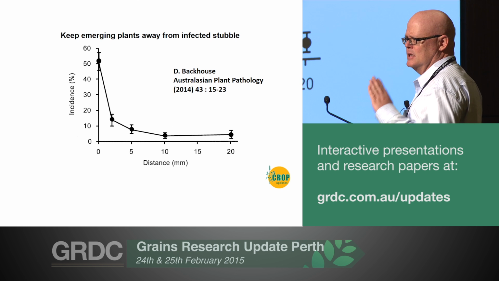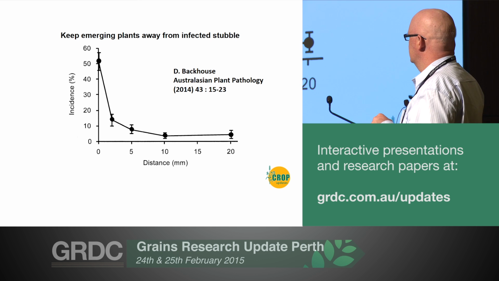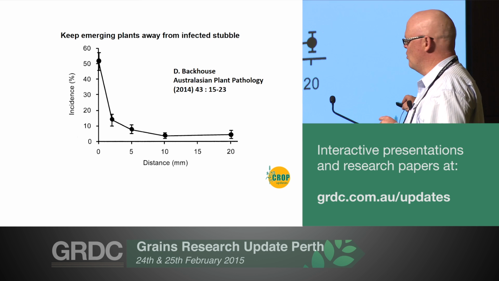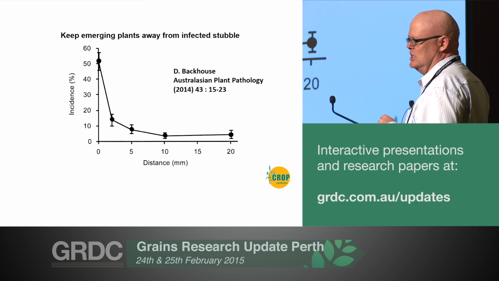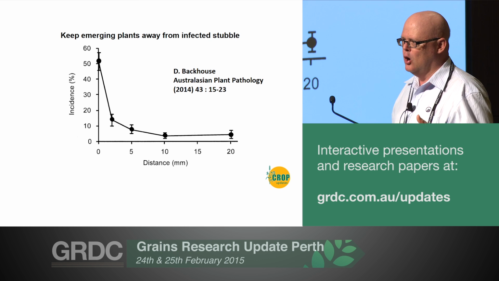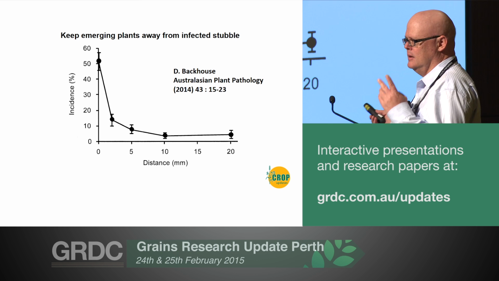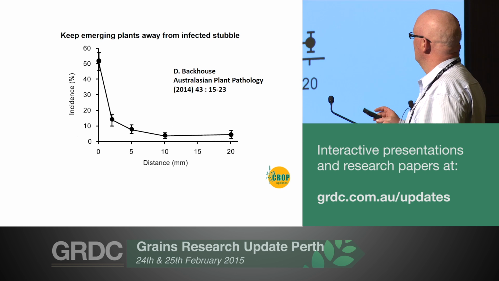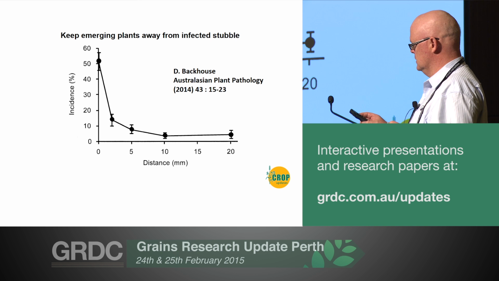So he deliberately set up an experiment at different distances. And you can see the rapid reduction in incidence of crown rot in the crop because that was achieved. So when you go into row, you're away from the old stubble. And that's why in those trials we saw a difference. In this case, it's a large difference. So keeping plants away from the old bits of stubble is a good thing.